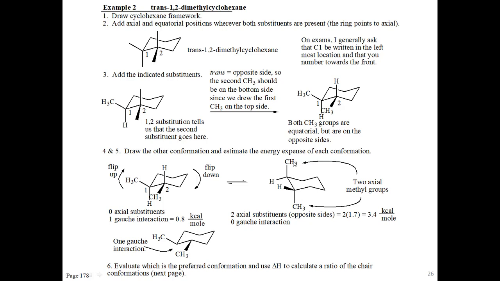Remember, that's the 1.7 each. So the energy on this side will be 0.8 because of the methyl groups. And the energy over here is an axial on the top and an axial on the bottom. Each of those is 1.7, so I have two of those, that's 3.4. So the difference in energy between these two is 3.4 minus 0.8. Okay, so that'll be 2.6.